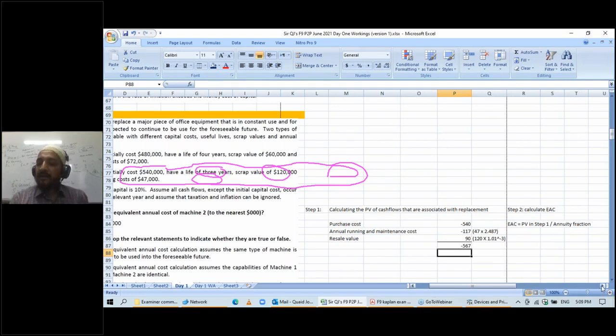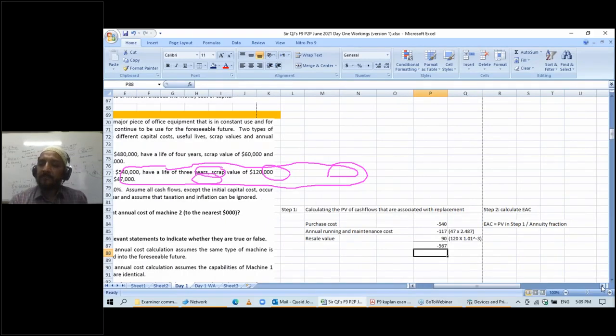But if I calculate cost for 1 year, that's equal cost for every year, and an annuity is equal payments, right? So if I convert this 567 into an annuity, I get an equal cost for the 3 years, and I will compare the EAC of 4 years with this one.